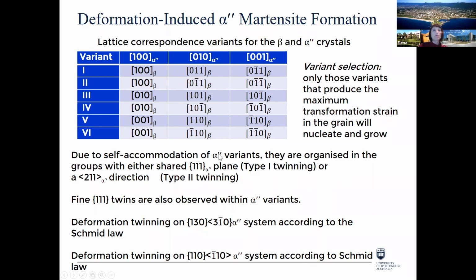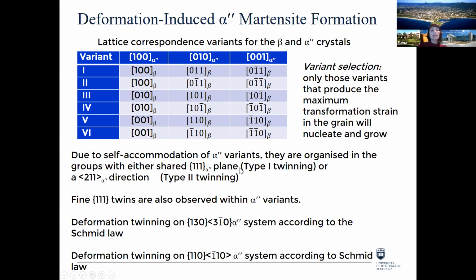And they could be, to achieve the best accommodation of strain, either type 1 twinning, where they have the common 111 alpha double prime plane, or type 2 twinning, where they have the common 211 alpha double prime direction. Also, formation of fine 111 twins is observed within any alpha double prime variant.